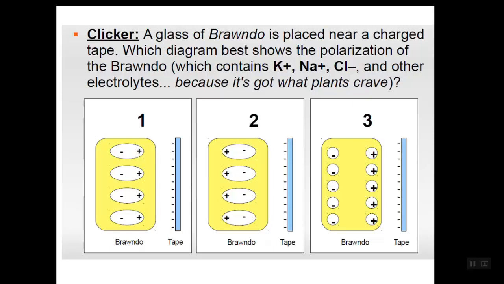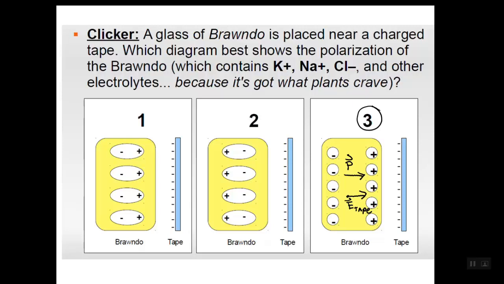However, Brawndo is an electrolyte, an ionic solution, which we know is a conductor. So diagram 3 is the only one that shows this, and, moreover, shows correctly how the Brawndo would polarize due to the external electric field from the negatively charged tape.